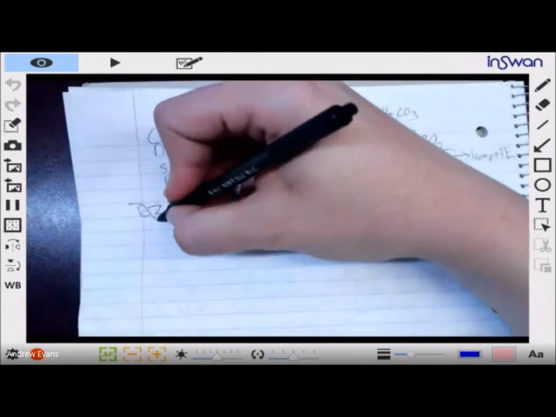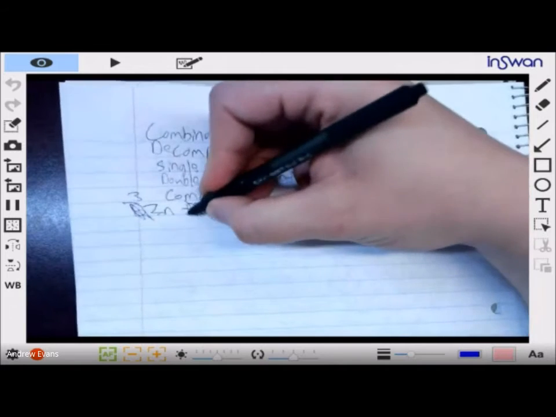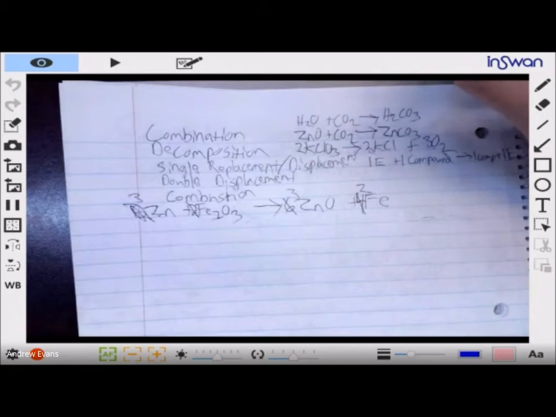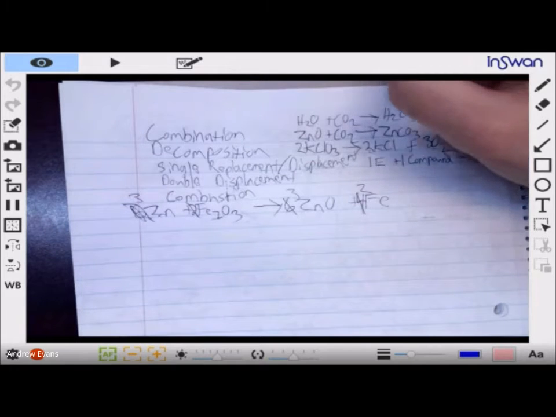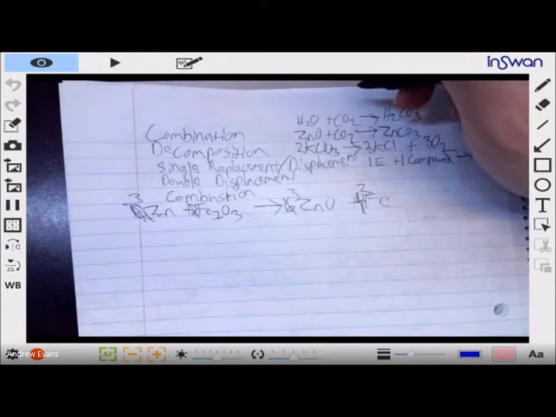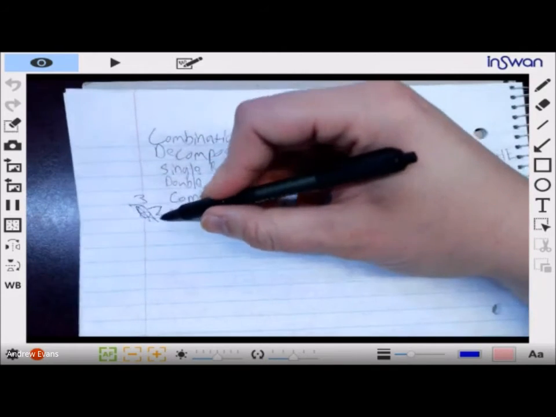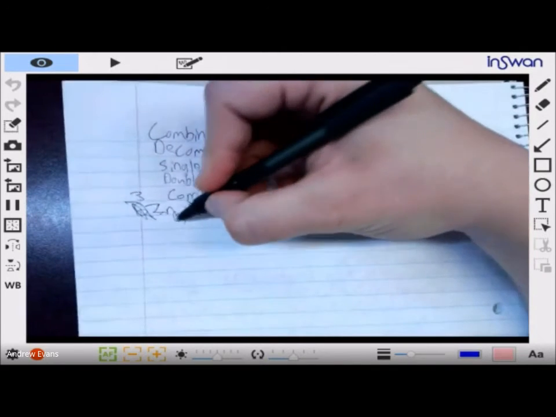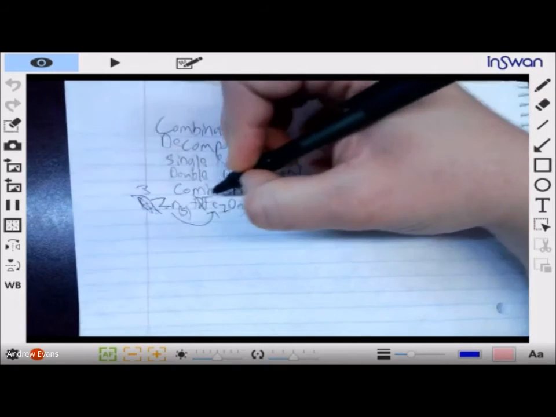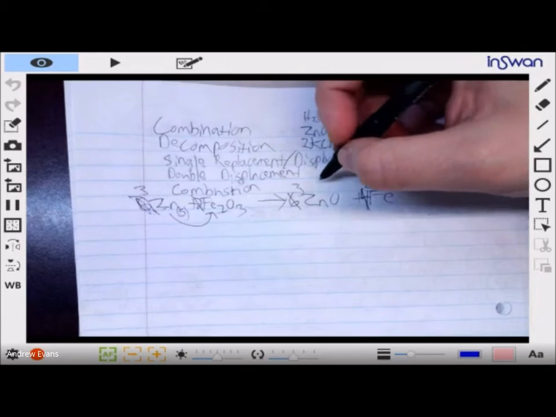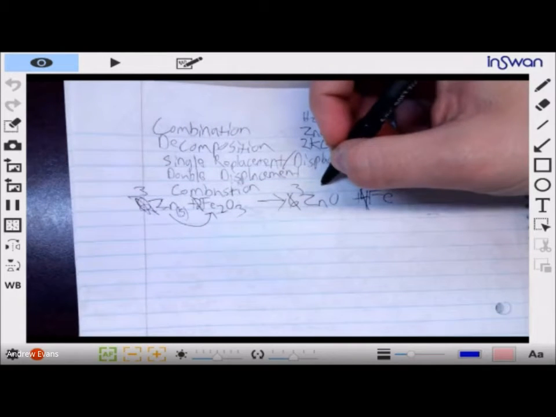That goes down to 3, 1, 3, 2. But the idea is that zinc, which is a solid elemental, is going to swap places with this iron to make an oxygen-based compound. Going to swap places with that iron.